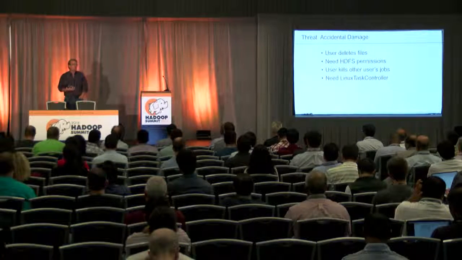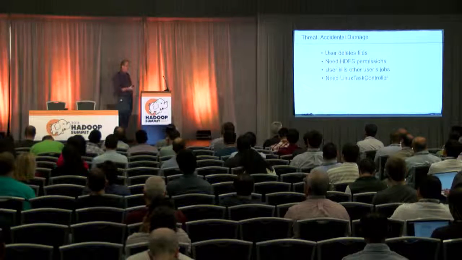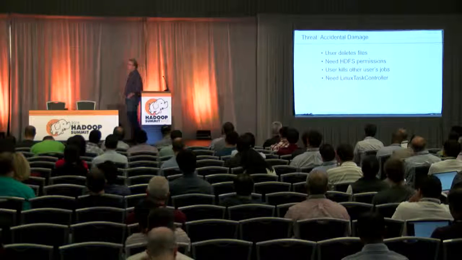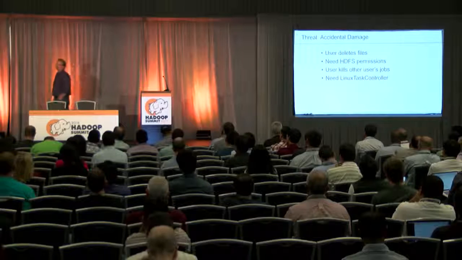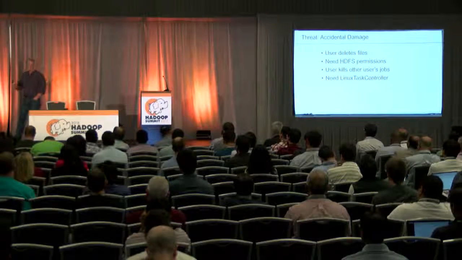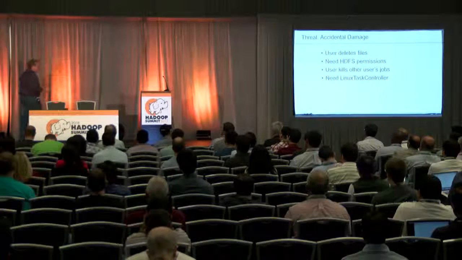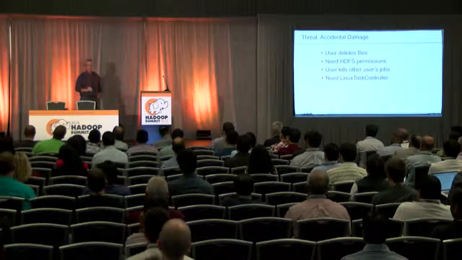We also had a user who had a Python script that ran under MapReduce, and they knew they spawned a bunch of children. And so they were trying to be very helpful. When their task was done, they decided to clean up. They did kill all -9 Java. Now at that point, all the MapReduce tasks were still running as MapRed.